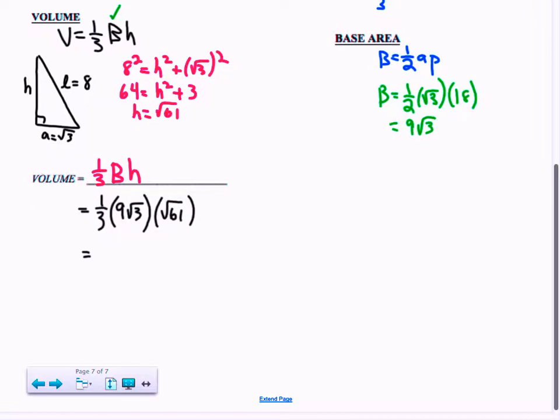If I number crunch that, I'm going to have 1/3 times 9 is 3, and root 3 times root 61 is root 183. If it said exact answer, I stop the bus and get off. But it didn't. It said approximate to the nearest hundredth. So when I magic boxed it, if I did it right, I had 40.58 units cubed. Wouldn't be bad if you checked your magic box and see if I did it correctly.